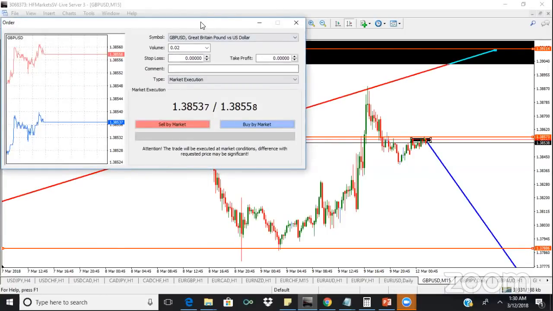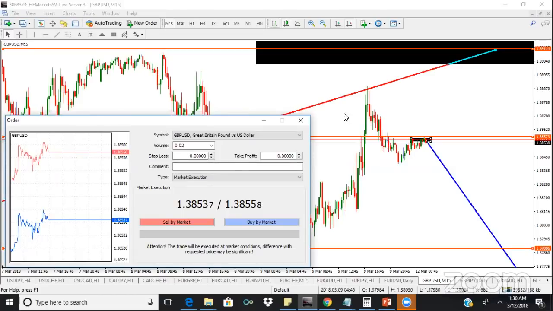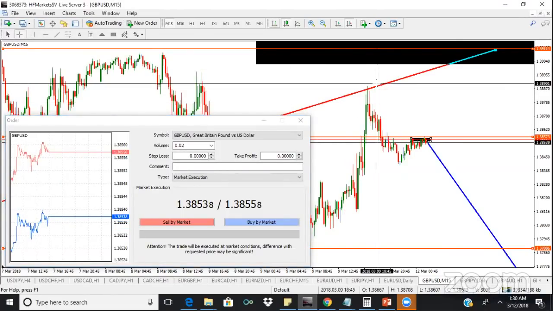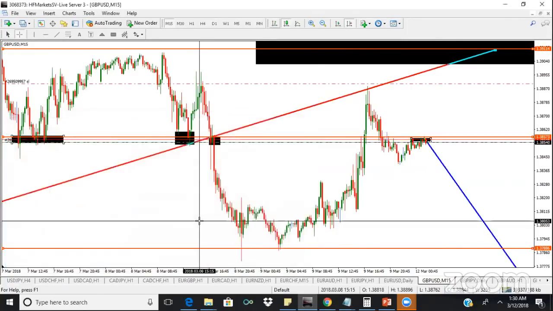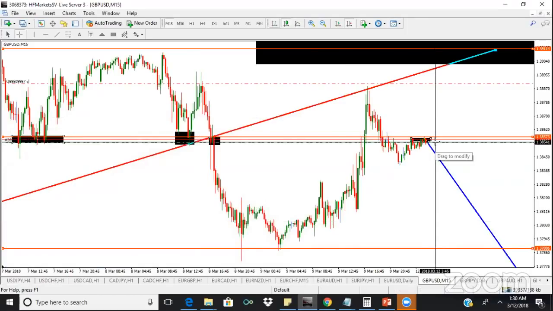GU. I'll enter one position, instant execution, put in my stop loss here. My stop loss will be 38.90. Let's even say we are wrong. If you like, go. If you like, don't go.